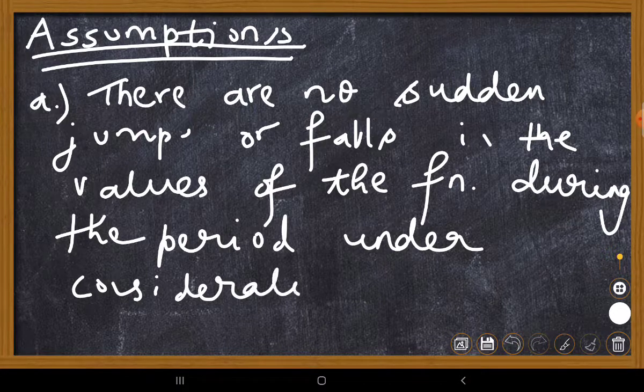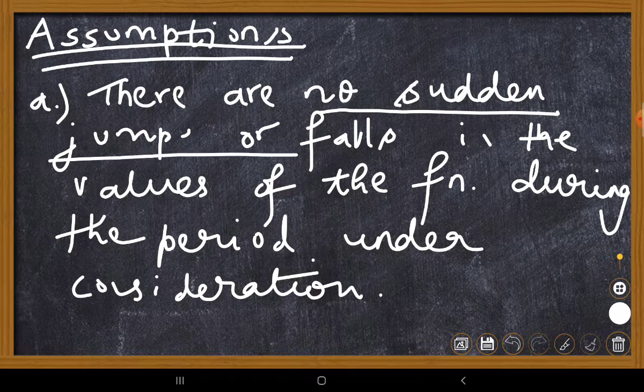Let us read this again. The first assumption is that there are no sudden jumps or falls in the values of the function during the period under consideration.